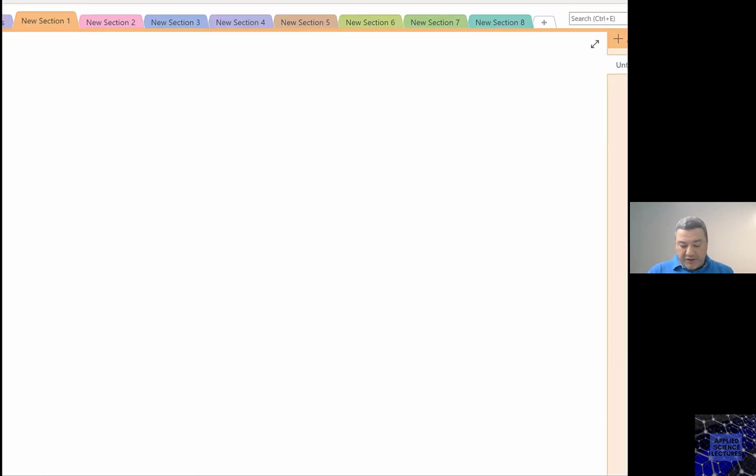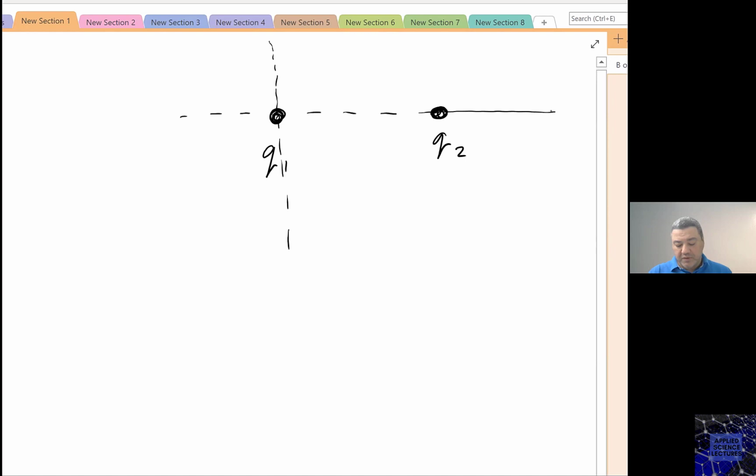So how do I solve it? Okay, let's assume we have this Q1 and this Q2. Both are positive. This one is fixed. This one is allowed to move.